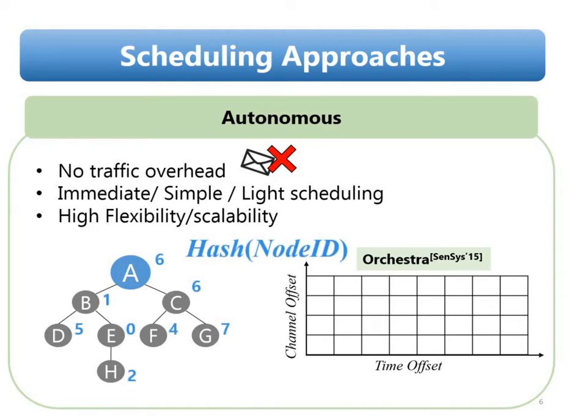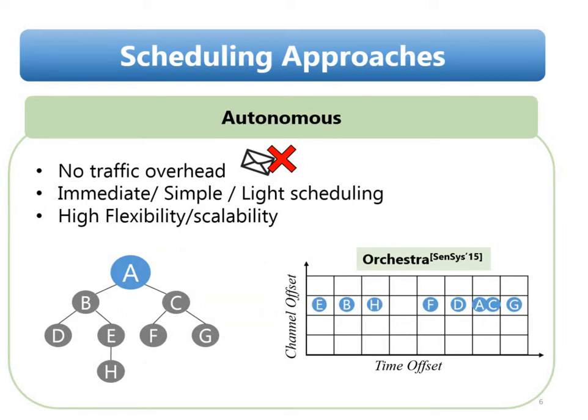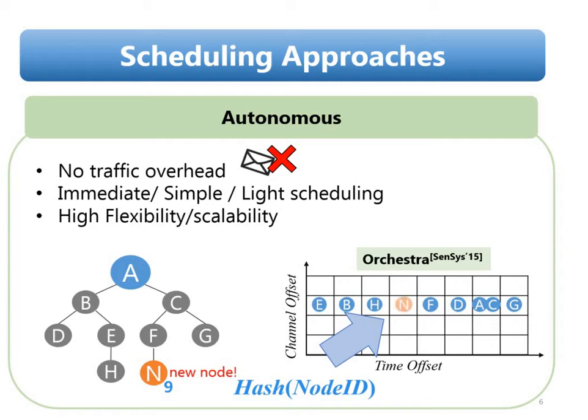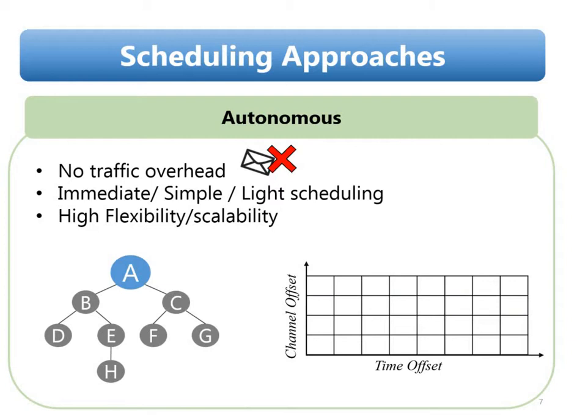It hashes the node ID, and the hashed value is directly used as a time offset. If there is a new node join event, the new node calculates its own slot frame by hashing its node ID. Due to its simple and light features, it has become one of the most commonly used schedulers in TSCH.